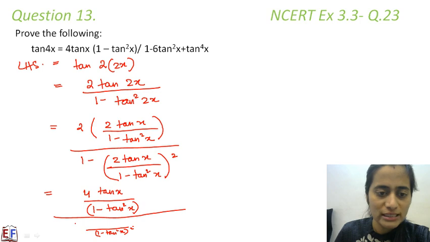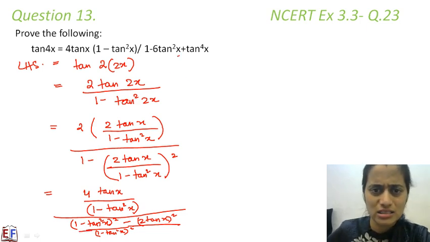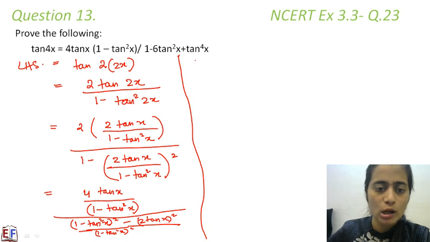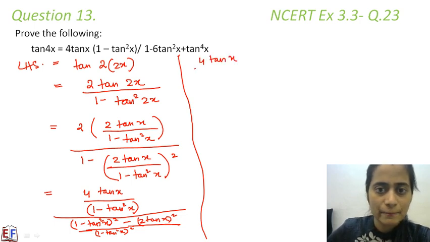So therefore here you will have 1 minus tan square x ka whole square minus 2 tan x ka whole square. Okay, so this is very simple maths. It is looking complicated, but actually it is just simple maths. So remaining I'll solve this side. So this becomes 4 tan x divided by 1 minus tan square x.